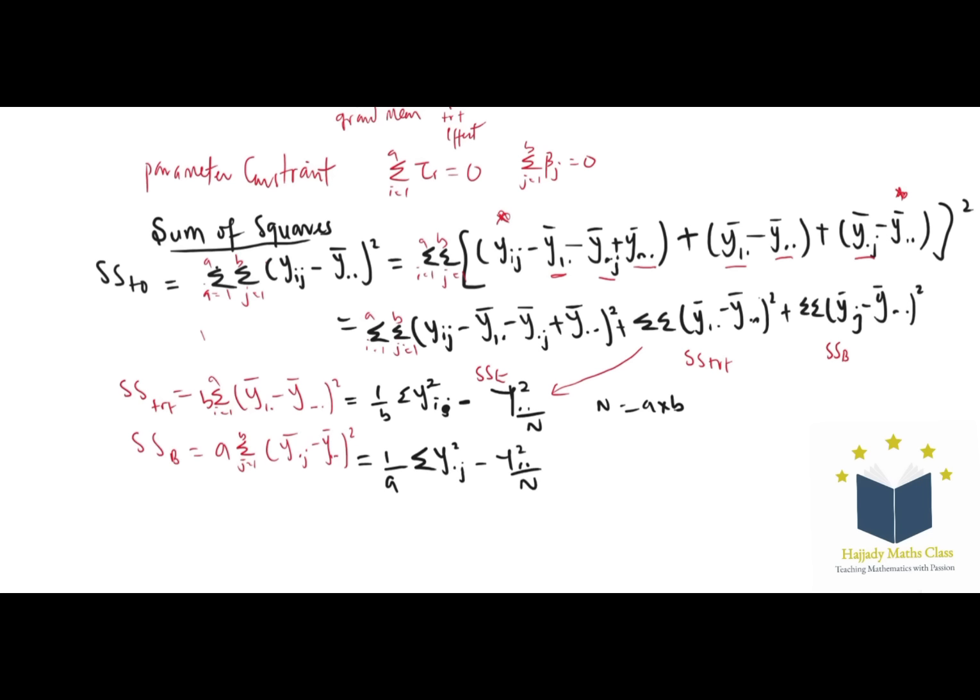And don't forget, my sum of square total, which is the double sum of (y ij minus y dot dot bar) all squared, can also be written in the form double summation y ij squared minus y dot dot squared over n.